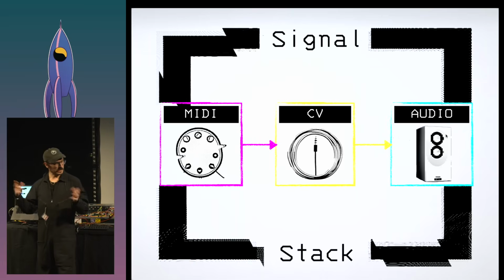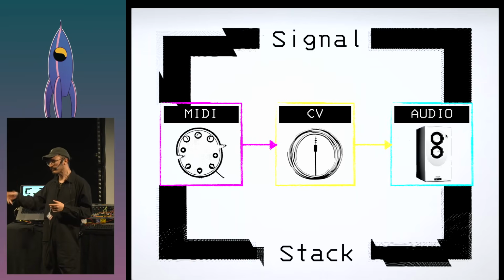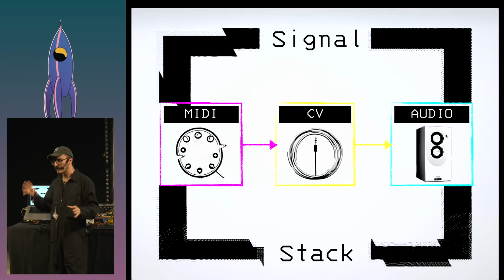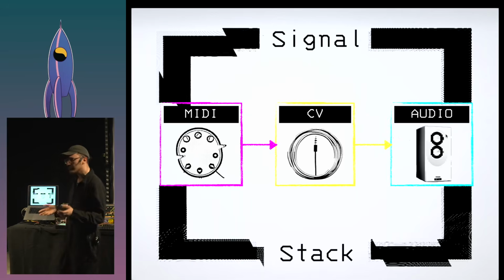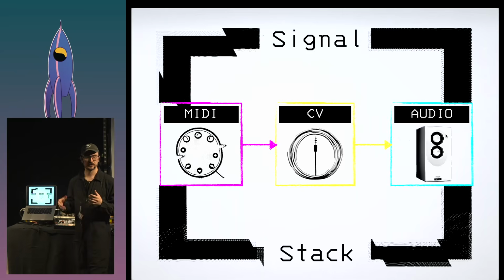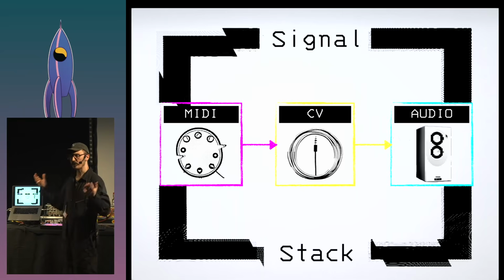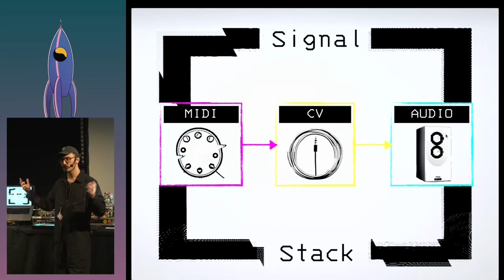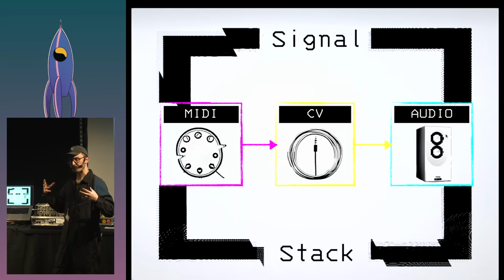In the general concept, or one general concept I want to explain to you is there are three different types of signals. At first, there is MIDI, which is basically tunes, digitized tunes. It's a protocol from 1984.